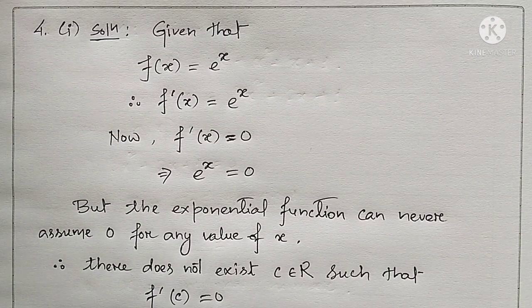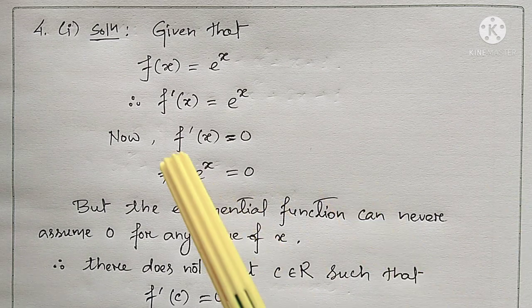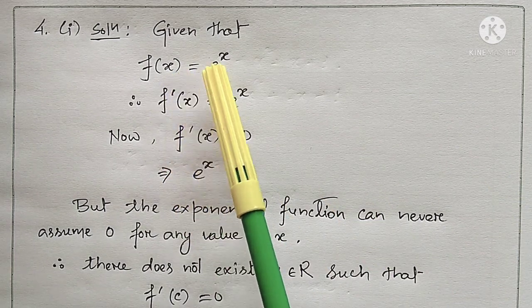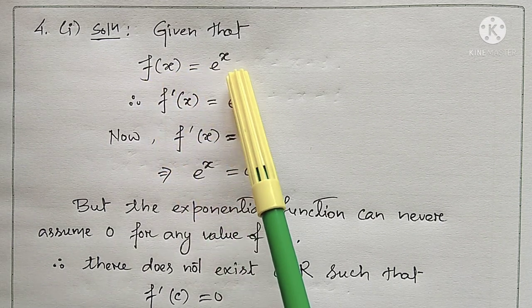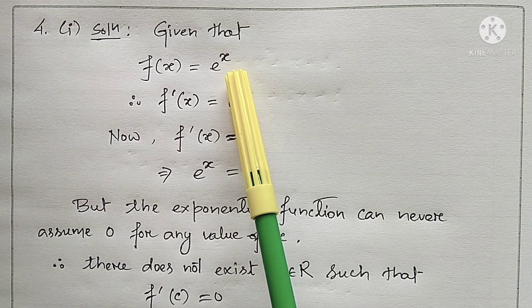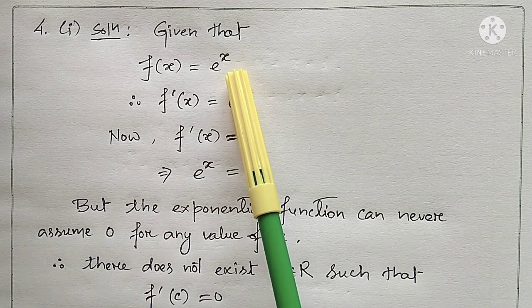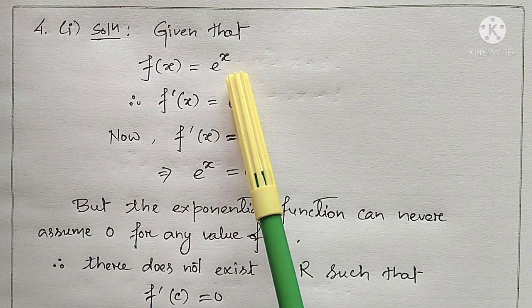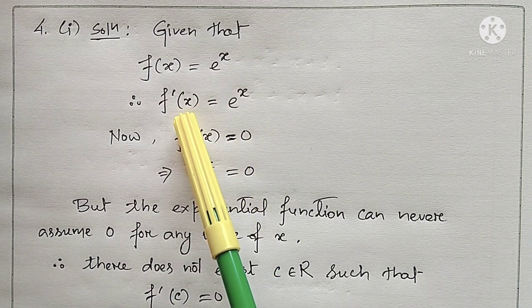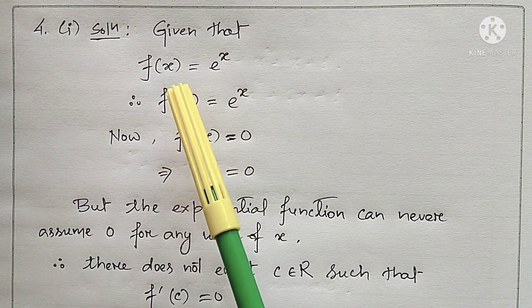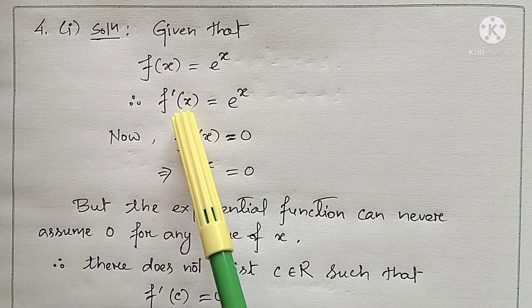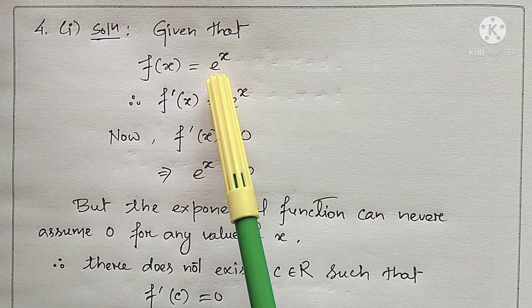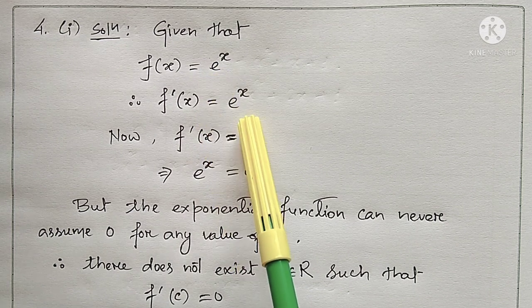The first question is f(x) equals e to the power x. Now the procedure is the same as for the earlier questions. First of all, we differentiate with respect to x. d/dx of f(x) is f dash of x, and we know d/dx of e to the power x is e to the power x.